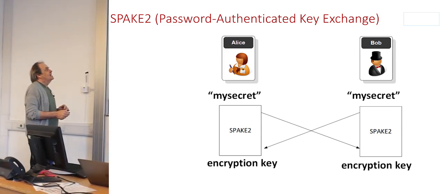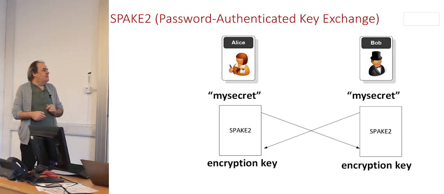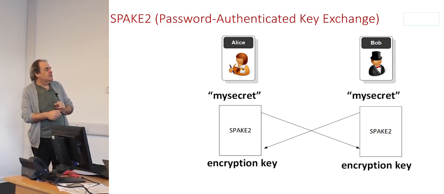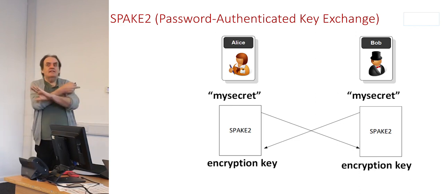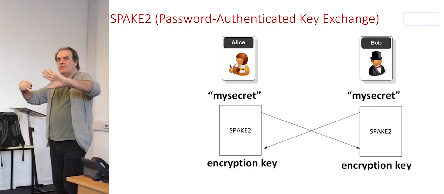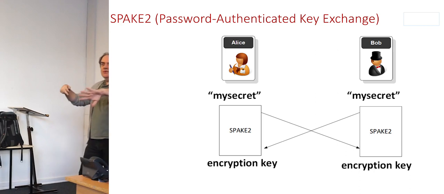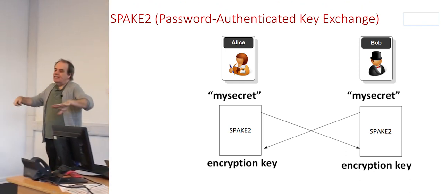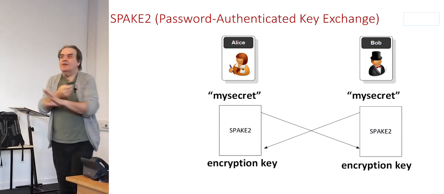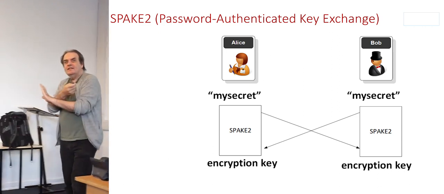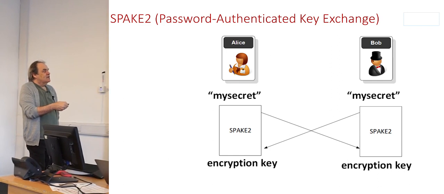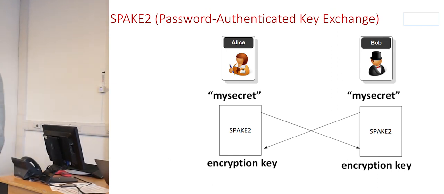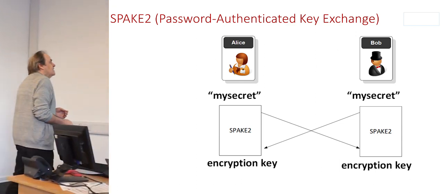The Spake password system is quite interesting when there is a secret on either side, and Bob and Alice want to prove to each other that they both know the secret. So in this way, they exchange using the Spake protocol, Spake 2, and they can prove each other know a certain secret and end up with an encryption key which can then be used for authorization.